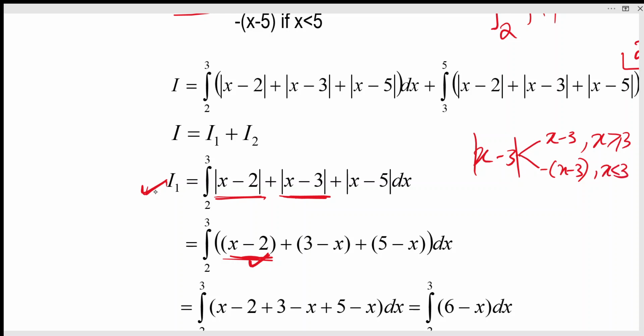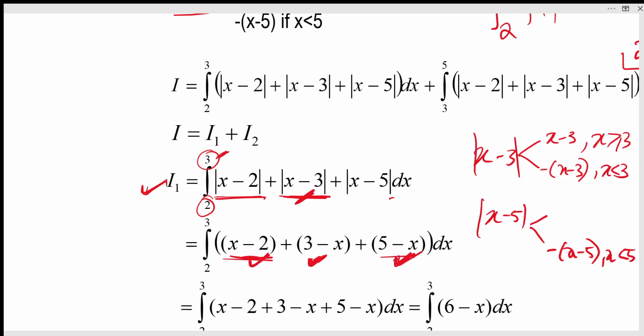So the limit is from 2 to 3. It means x is less than 3, so this modulus will be negative. So it is minus of x minus 3, which I have written as 3 minus x. x minus 5 will also be negative from 2 to 3, because x minus 5 is negative when x is less than 5. It is only till 3, so it is less than 5, and of course it will be negative.